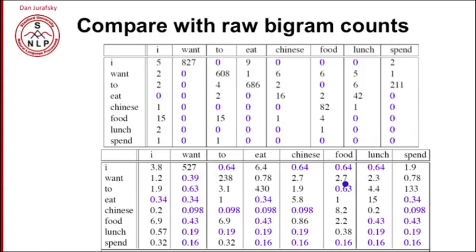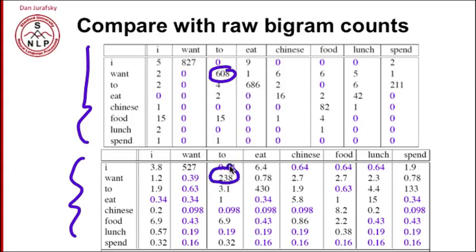Up here on the top, we have the original counts, and here we have our reconstituted counts. And I want you to notice that there is a huge change. In our original counts, 2 followed 1 608 times. In our smoothed counts, 2 follows 1 only 238 times. So it's almost 3 times smaller.